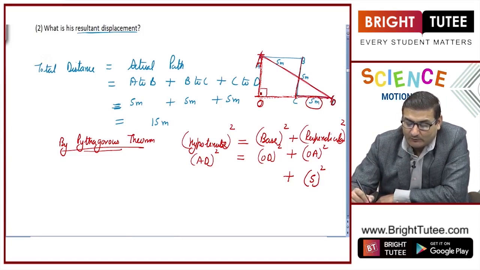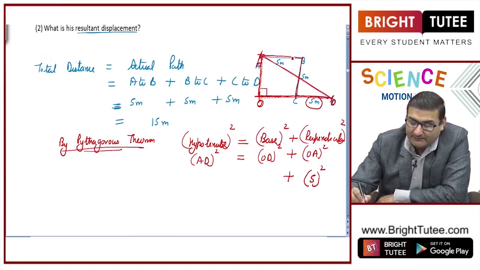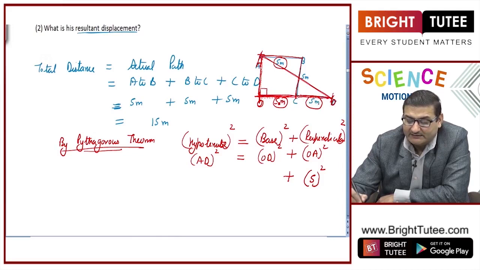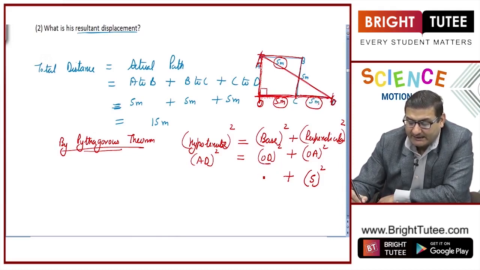When we try to observe and relate this OC, we see that this OC is equal to AB, and since AB was 5 meters, this OC should also be 5 meters. Now OC is 5 meters, CD is 5 meters, so O to D will be this OC plus CD, or 5 plus 5, that is equal to 10 meters. So instead of writing OD, I can write 10 meters.